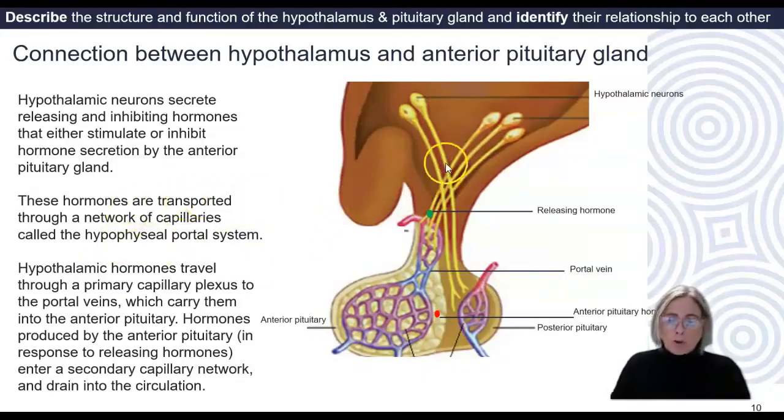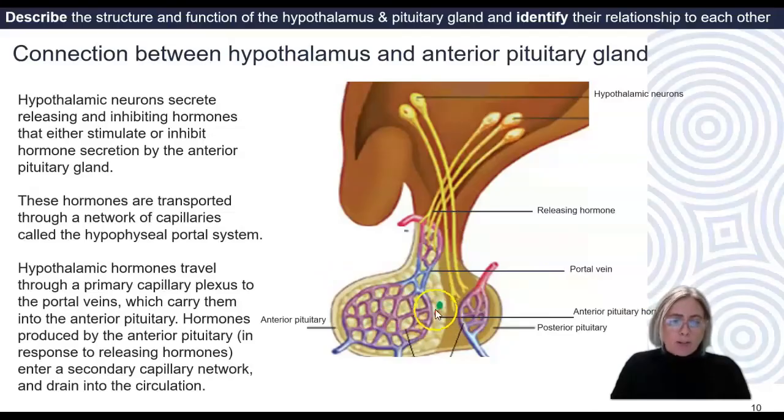Okay, so these hormones that are produced by these hypothalamic neurons travel through a network of capillaries called the hypophyseal portal system. So hypothalamic hormones, so we're looking here at this green ball, which is representing a releasing hormone, then travel through a primary plexus of capillaries to the portal veins, which carry them into the anterior pituitary, which is what you just saw there.